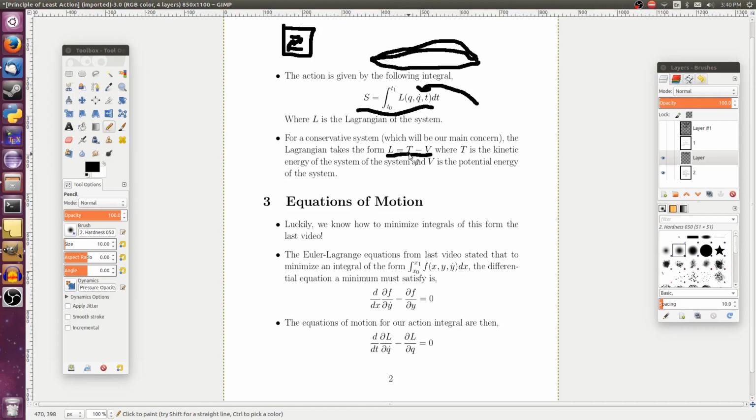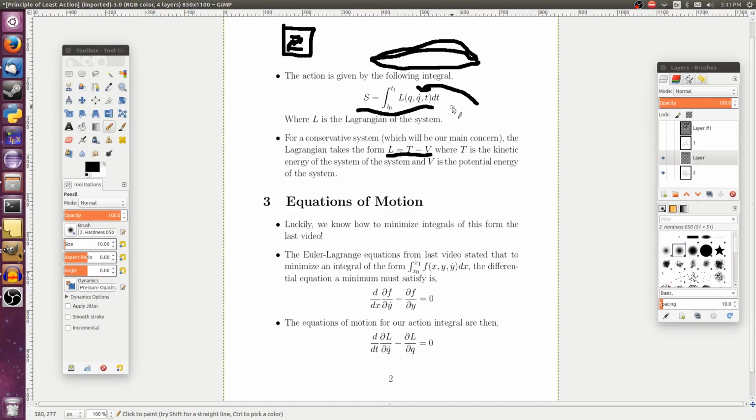So our kinetic energy minus the potential at any point in time, no matter what coordinates you use, is going to have the same magnitude. Now, it may look a little bit different depending on the coordinates that you choose, but it's going to have the same magnitude. So we would say that this law is invariant under your choice of coordinates. It doesn't matter which one you use, you'll get the same equations out.